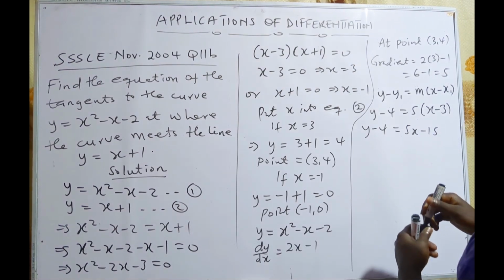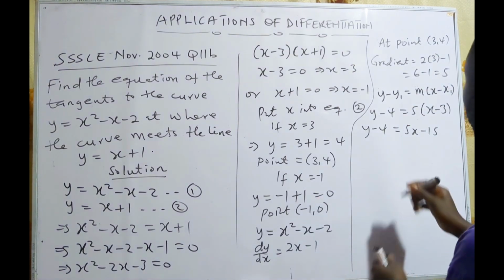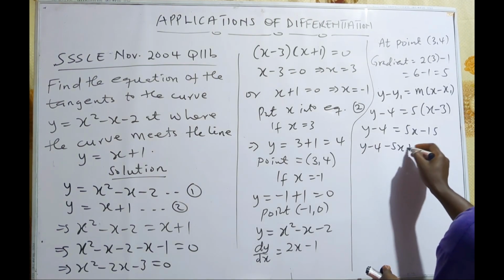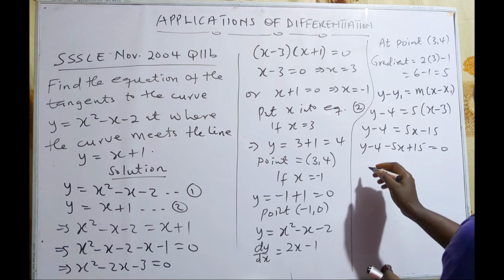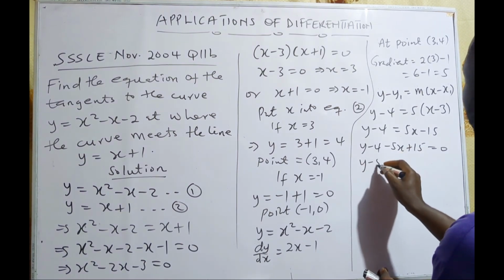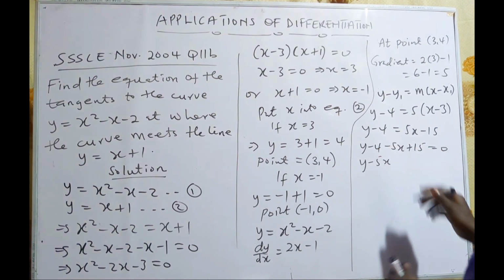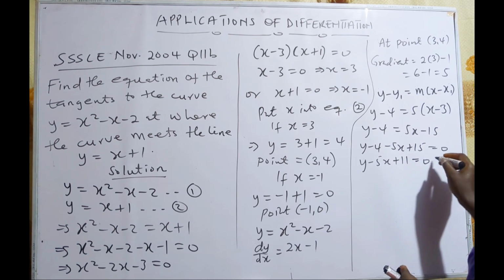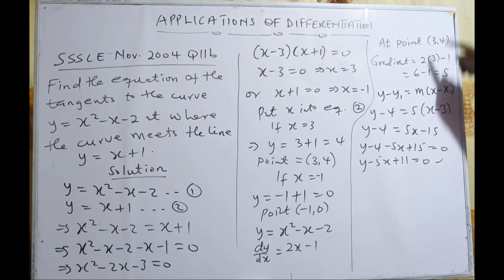Then let me bring y to one side: y minus 4 minus 5x plus 15 equal to 0. So that will be y minus 5x plus 11 equal to 0. So at the point (3, 4), this will be the equation of the tangent.